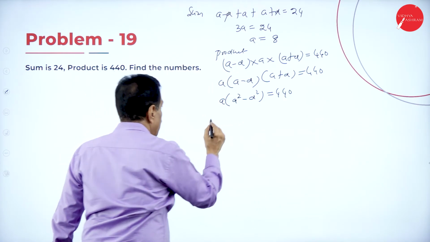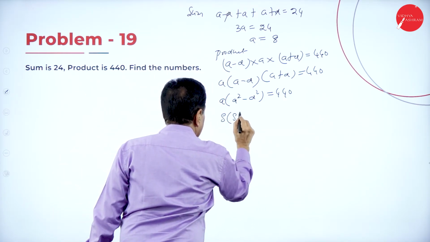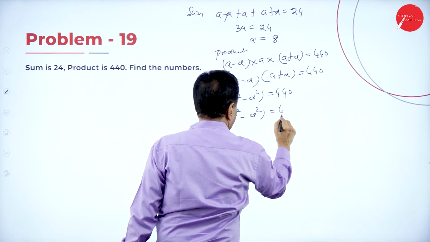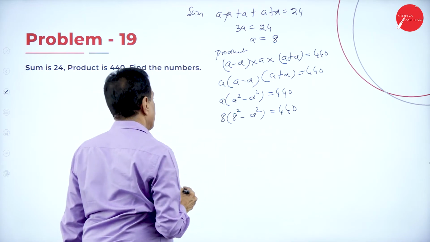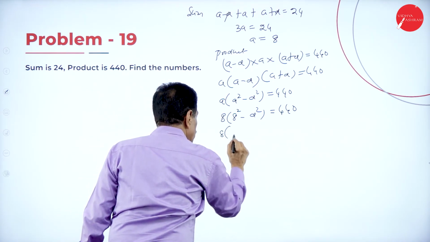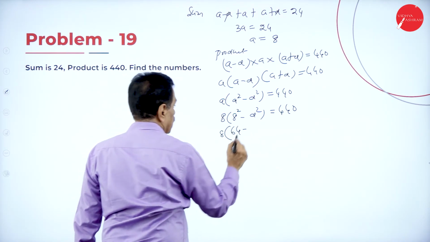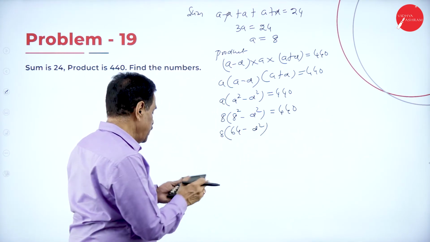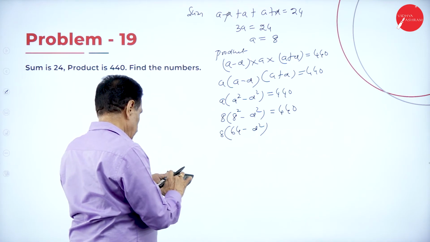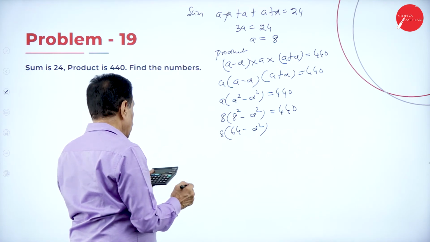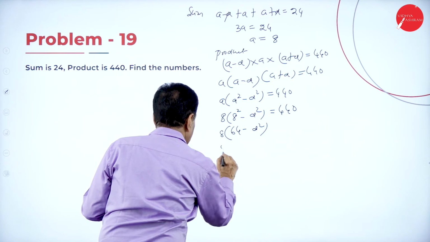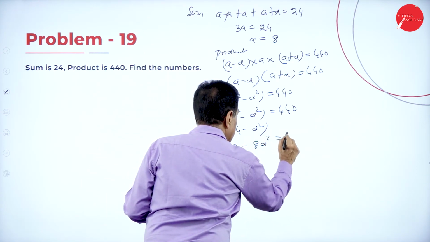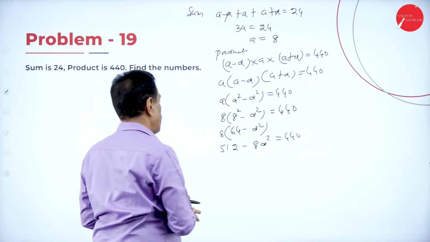So what is A? 8 square minus D square, into 8, is equal to 440. This is 8 into 64, that is 512, minus 8D square is equal to 440.